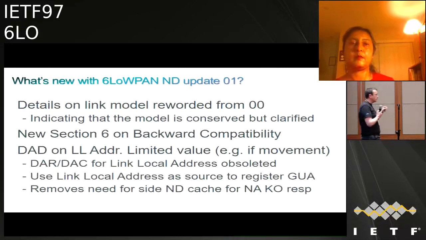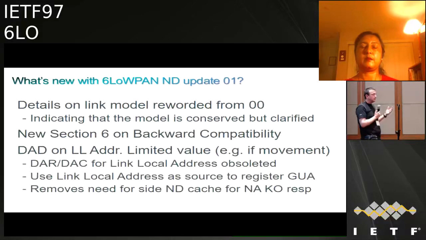For global addresses that will come later, you will use a link local address. So then again, you don't have to store an address in a separate cache, because you don't have to put this global address in your neighbor cache until you have accepted the registration. Before that, it's just something you store somewhere, but it's not changing your neighbor cache.